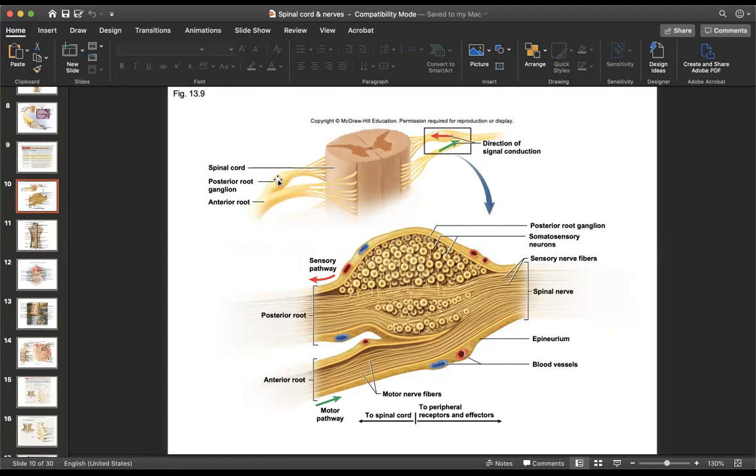Now, a collection of neuron cell bodies within the central nervous system is called a nucleus. Probably in lecture you've talked about the different nuclei within the brain, or within the brain stem. These are different collections of cell bodies that control heart rate, phase of constriction, phase of dilation, breathing rate, things like that.